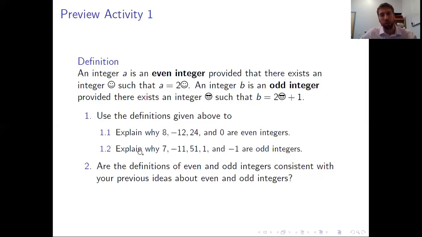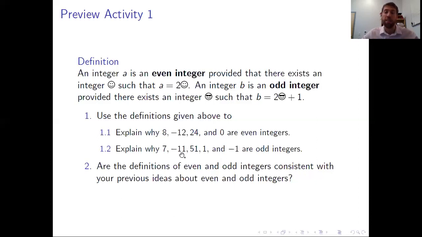Okay, now explain why 7, negative 11, 51, 1, and negative 1 are odd integers. Remember our definition, the one we're going to be using for the whole rest of the class: it's an odd integer if it's equal to 2 times an integer plus 1. So 7 is equal to 2 times 3 plus 1. Negative 11 is equal to 2 times negative 6 plus 1.